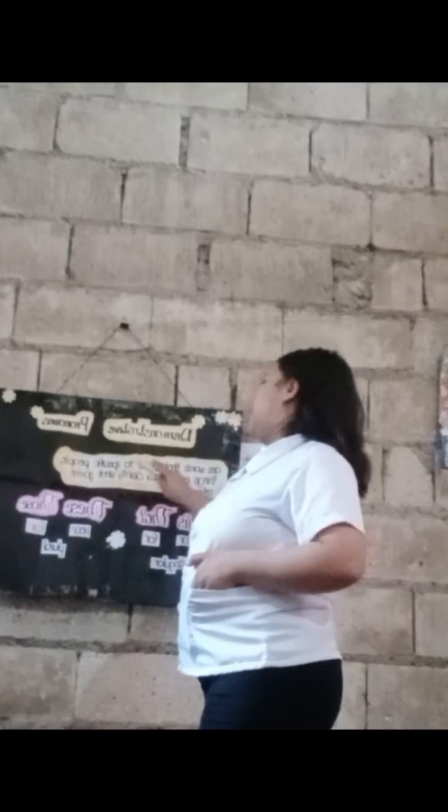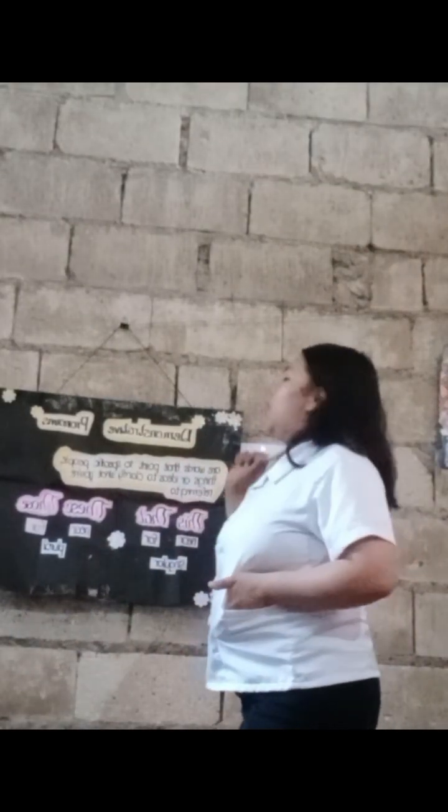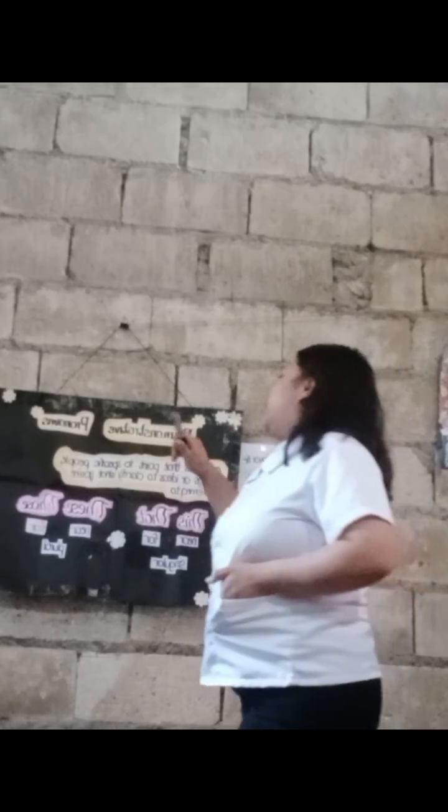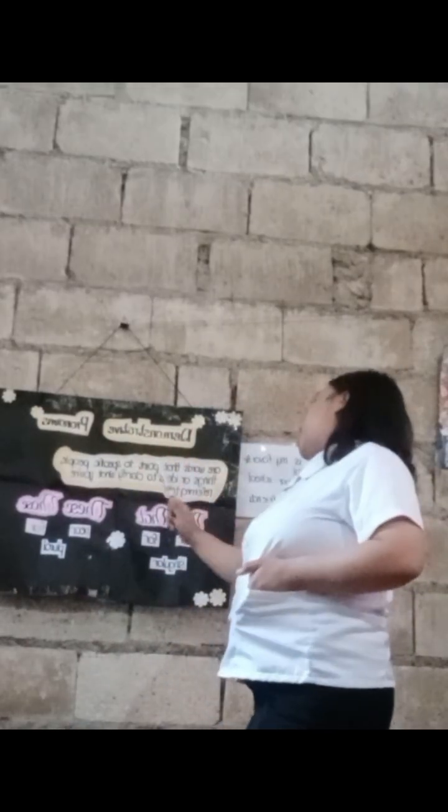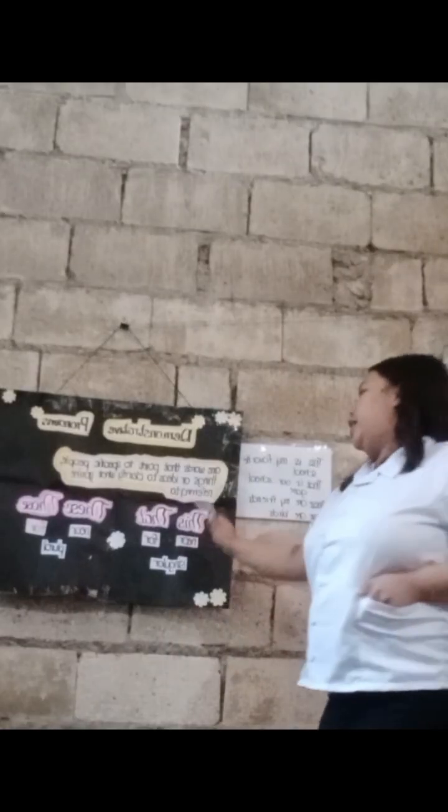Okay, look at the chart. Demonstrative pronouns are words that point to specific people, things, or ideas to clarify what you're referring to. Meet the four types: this, that, these, and those. When we say this, it refers to a near place.